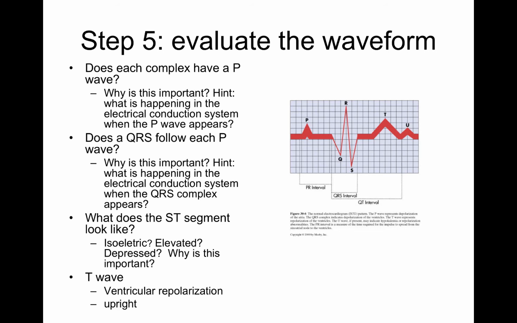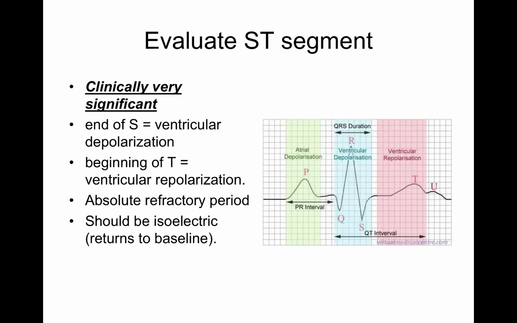T waves can be elevated. If a T wave is high, this is something called hyperkalemia. If the T waves are low, this is associated with hypokalemia. So we can see electrolyte deficiencies related to the different waves as well. Clinically, we're going to look at the ST waves and see how they are.